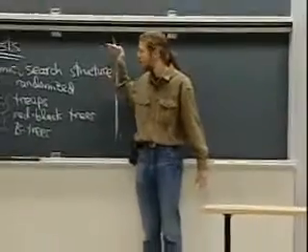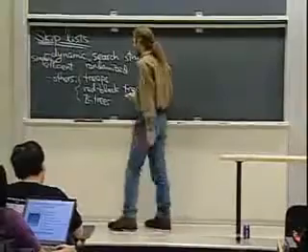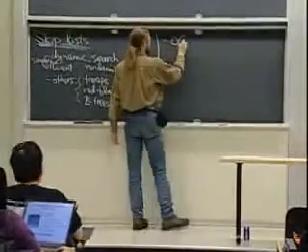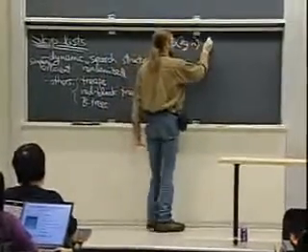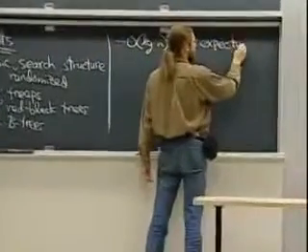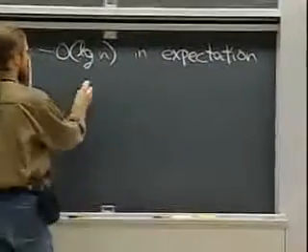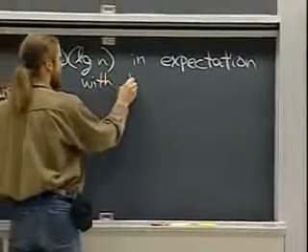In particular, skip lists will run in order log n expected time. So the running time for each operation will be order log n in expectation. But we're going to prove a much stronger result, that they're order log n with high probability.